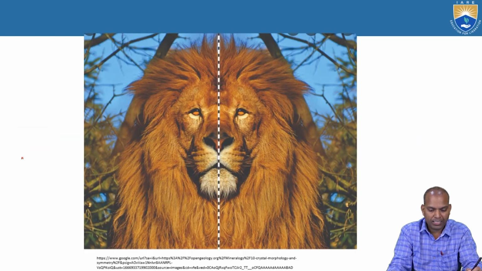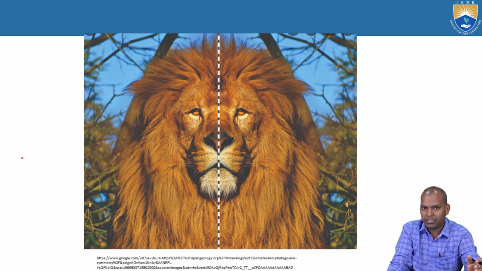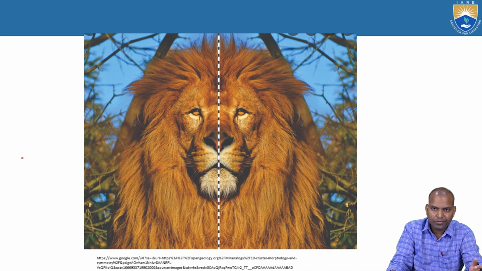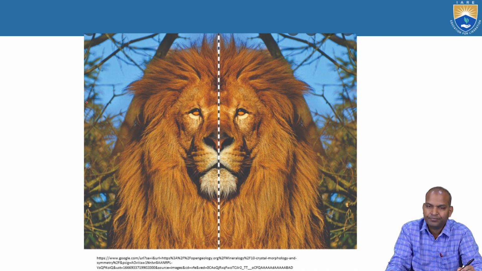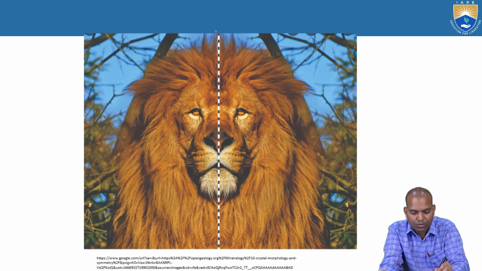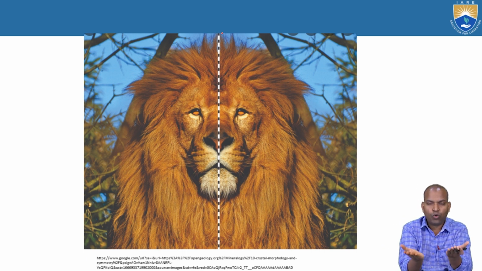Now let us begin. What are symmetrical sections and what are unsymmetrical sections? In this figure, consider the line. What is the symmetry? You fold it vertically about the vertical axis and unfold it.